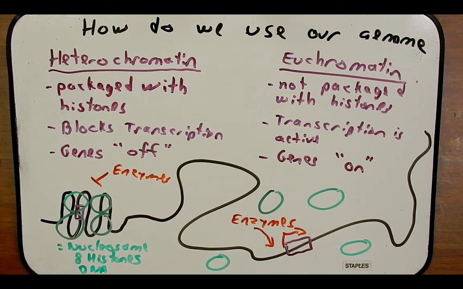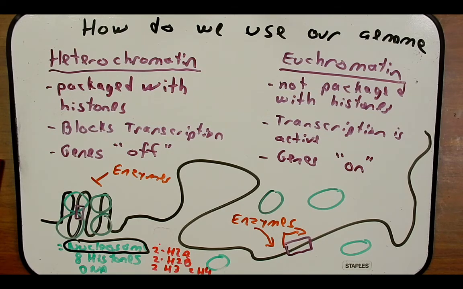The types of histones found in the nucleosome, we have 2 H2As, 2 H2Bs, 2 H3s, and 2 H4 histones. 8 histone proteins in the DNA make up the nucleosome. The nucleosome keeps that gene packaged so it cannot be turned on.